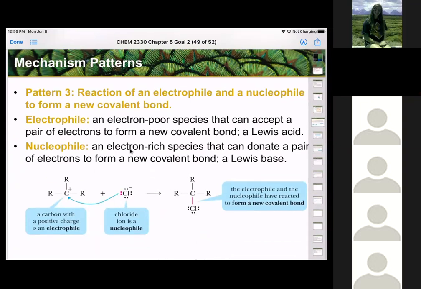So if we're thinking about this, the first step, forming the carbocation, happens in pattern 5. But once we form that carbocation, it reacts typically in pattern 3, that nucleophile electrophile motion.